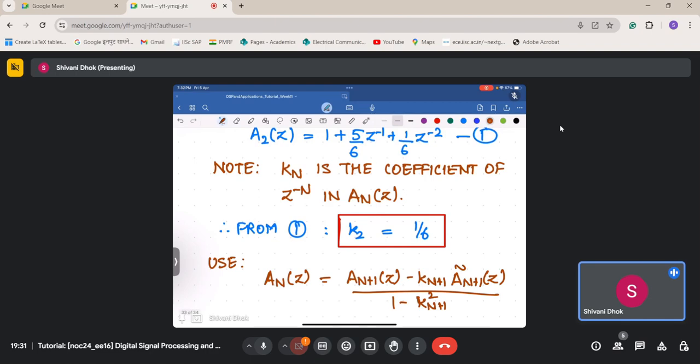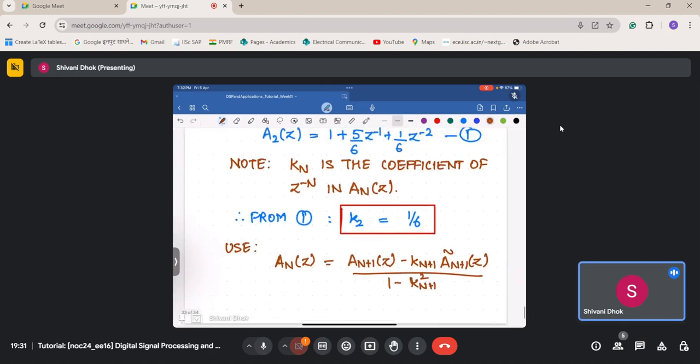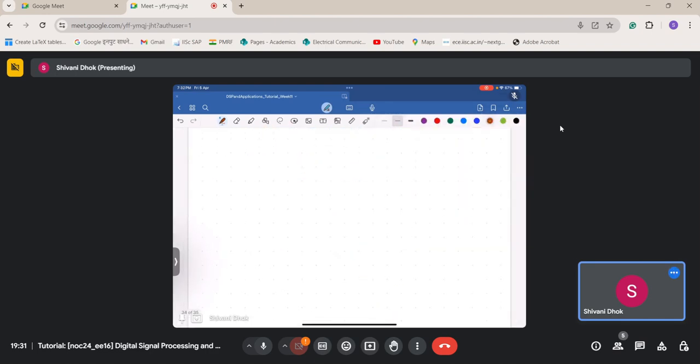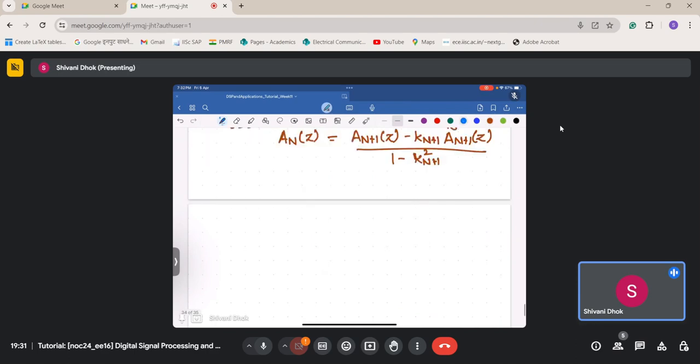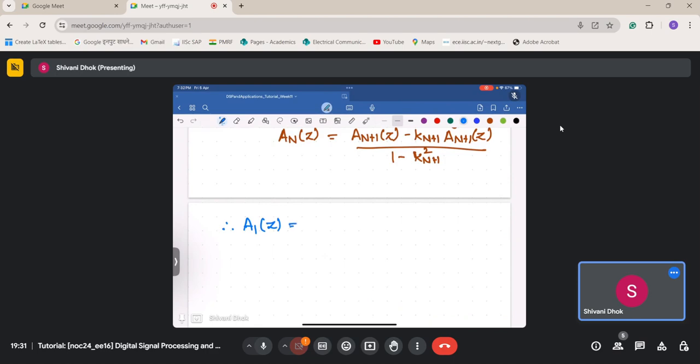So this formula we know. Now we'll make use of this formula for A2. Therefore, A1 of z will be equal to A2 of z minus K2 into A2 tilde z upon 1 minus K2 square.